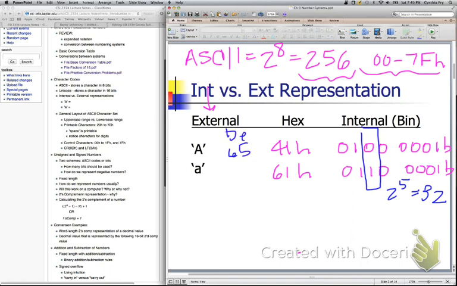Looking at this in decimal, 61 hex is 6 times 16, or 96, plus 1, or 97. Interesting to note that the difference between these two is 32, just as we predicted.